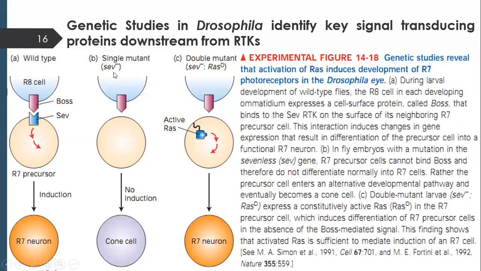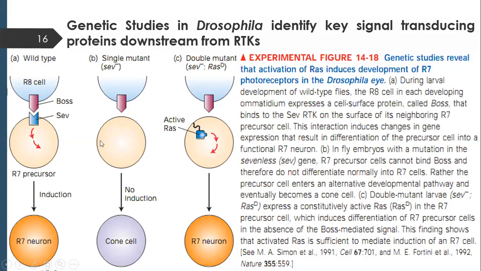R8 cells में ये first one जो A है that is wild type, B जो है ये single mutant है, और इसमें SEV रिसेप्टर नहीं है, sevenless RTK रिसेप्टर ये नहीं है। और ये C जो है that is double mutant, इसमें SEV भी नहीं है, लेकिन इसमें RAS D है, meaning that is mutant RAS and that is constitutively expressed RAS.